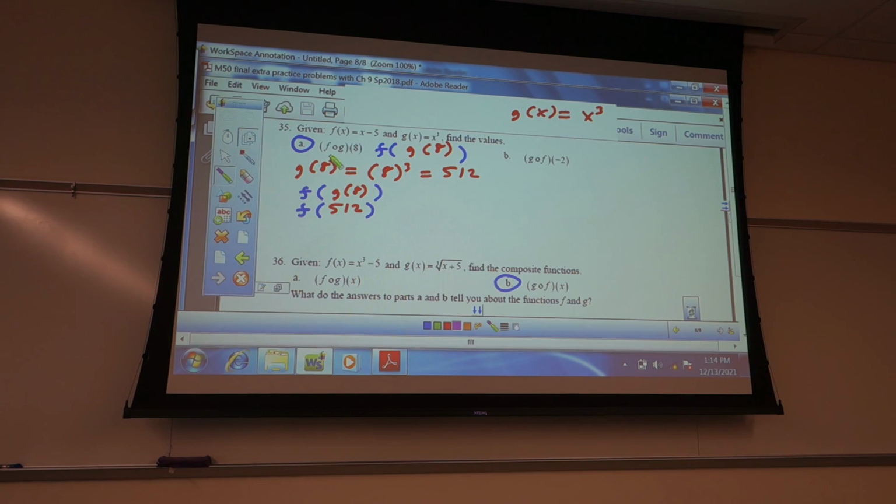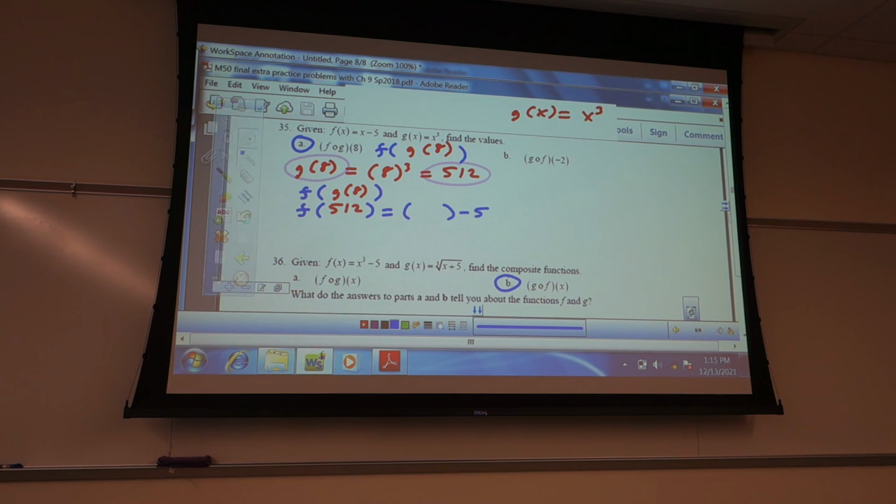So g of 8 is the same thing as 512. They're synonymous. They're the same thing. G of 8 is 512. So instead of writing g of 8, I can just write 512. So what's f of 512? Well, f of x is whatever my x is minus 5.